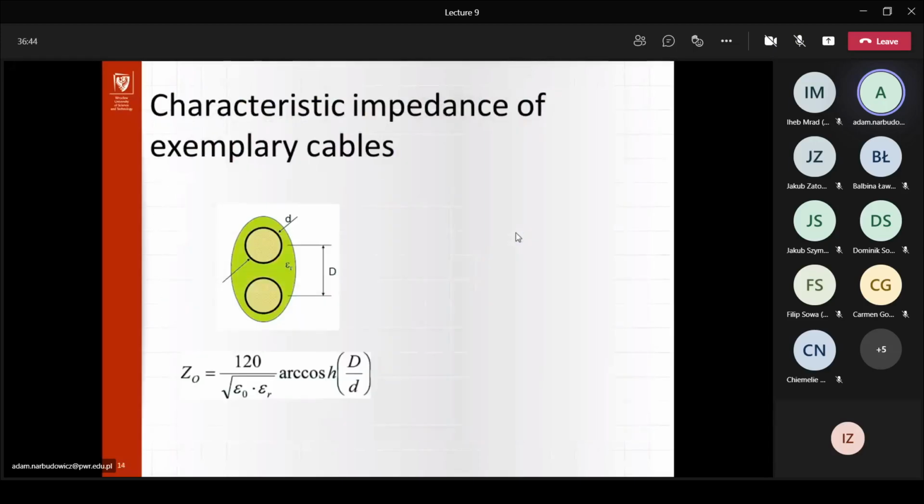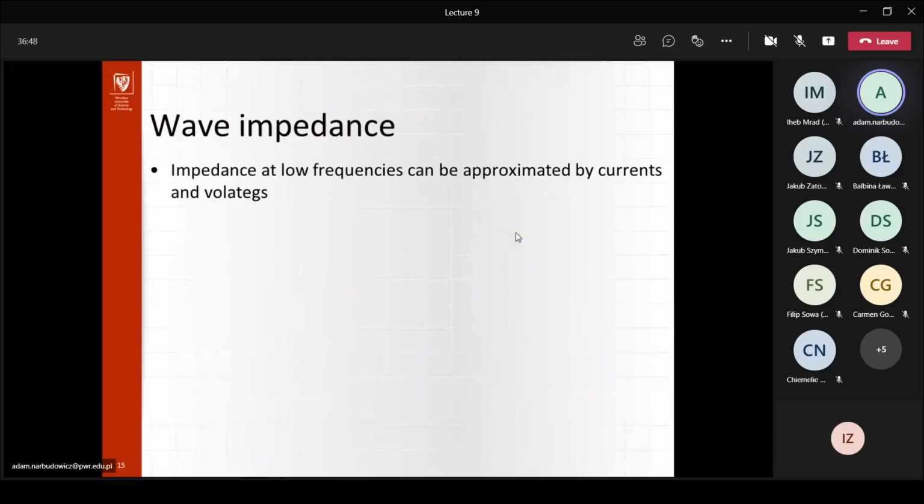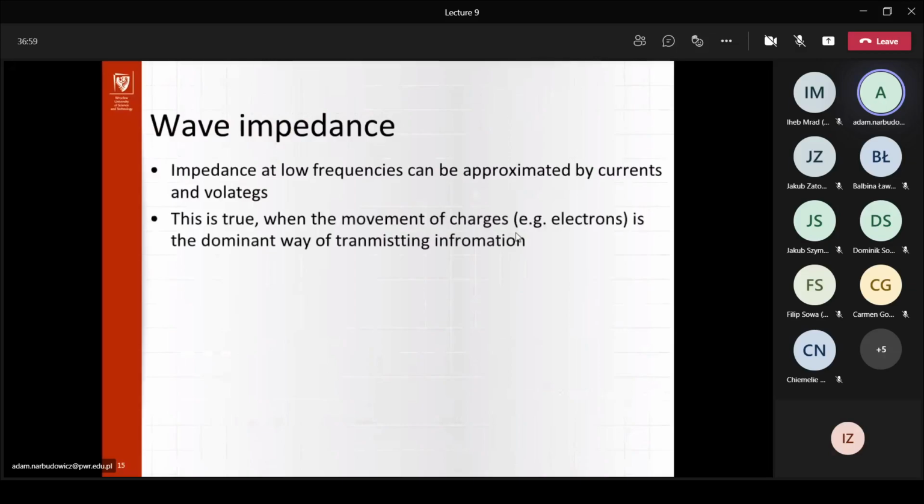Right. So we'll skip this slide for the moment, and I move on to the next one, namely the wave impedance. This is something that I think one of you already mentioned today. Typically the impedance is in the form you might be more familiar with.